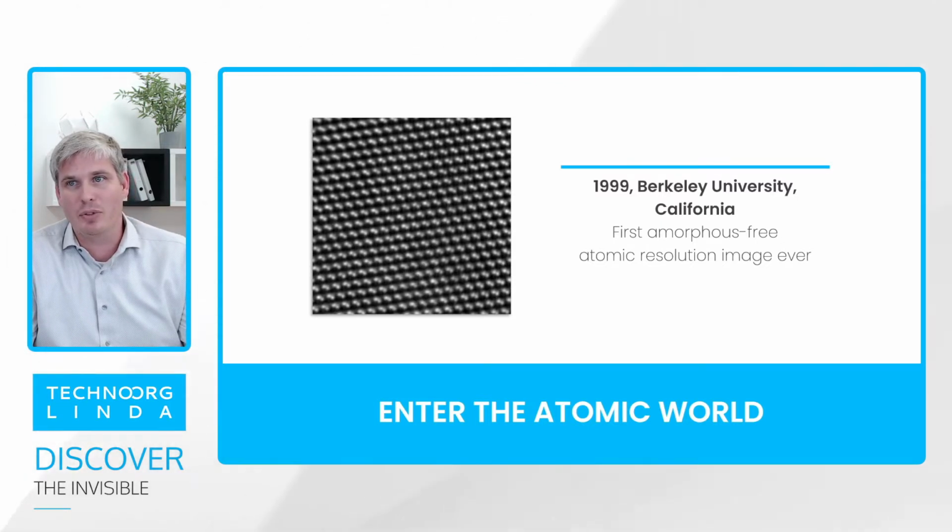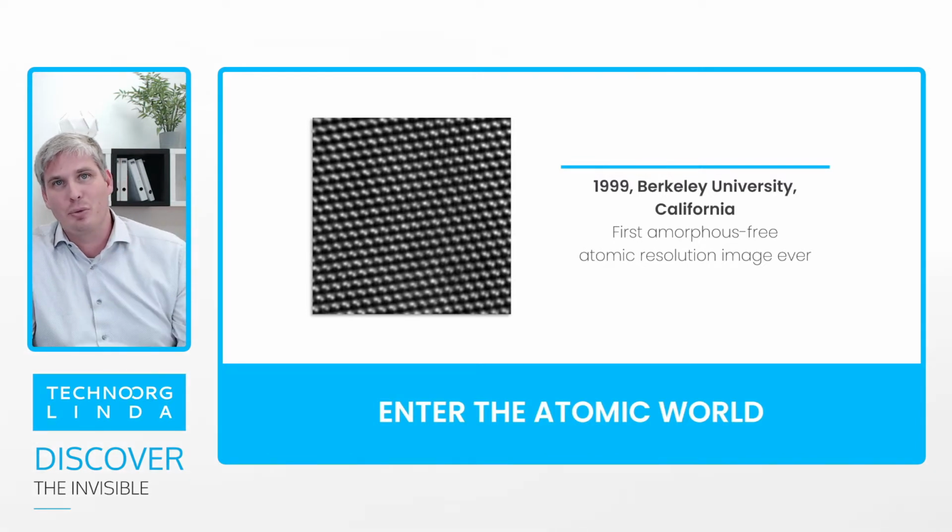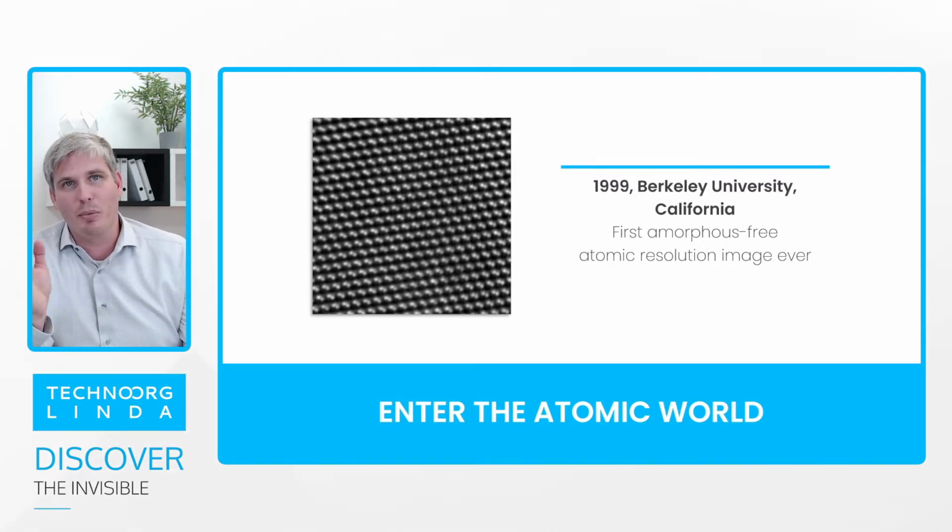And why was it so important? Because that was the very first chance to remove all those amorphous and destroyed layers caused by the mechanical preparation or even by the high energy argon ions, which covered this kind of detailed structure.